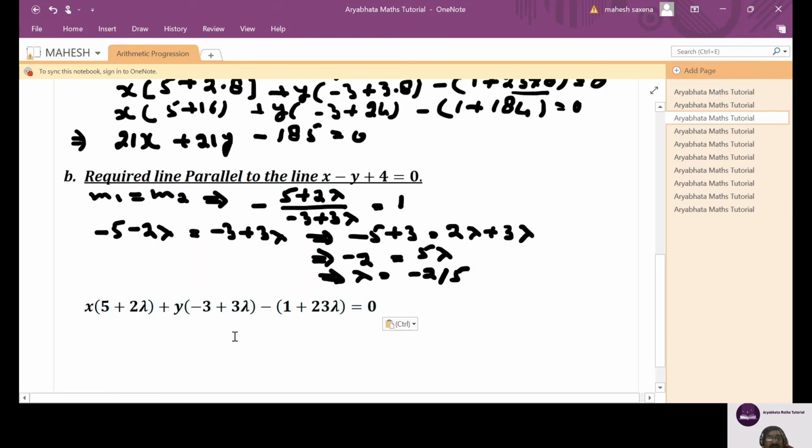As we have already found the general equation passing through the intersection of two given lines, we will put the value λ = −2/5 in this equation.